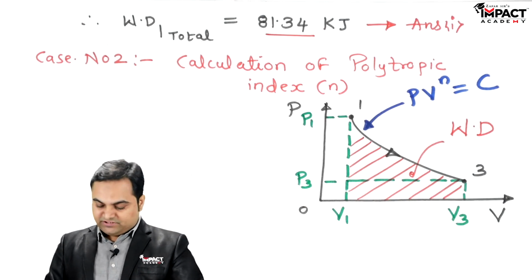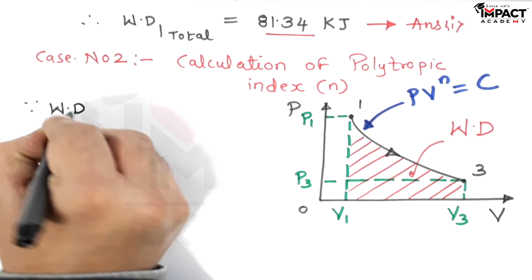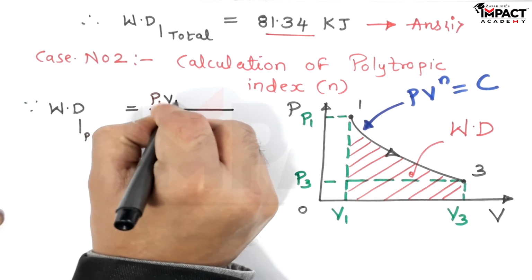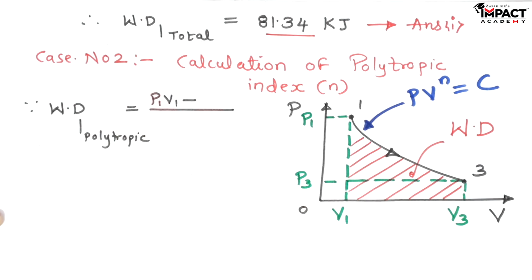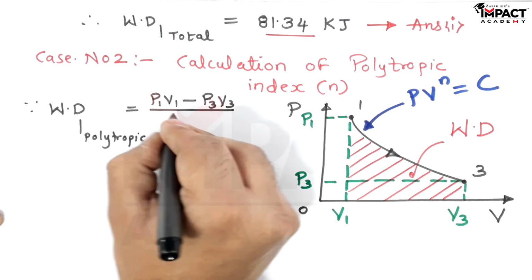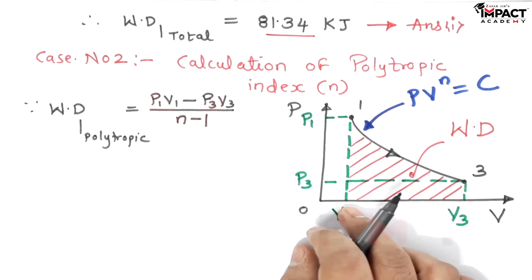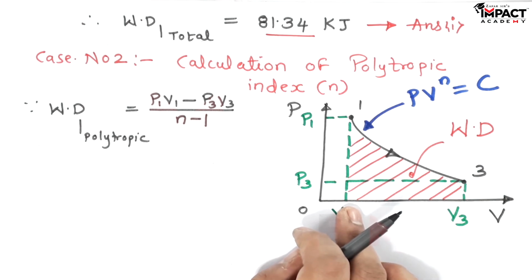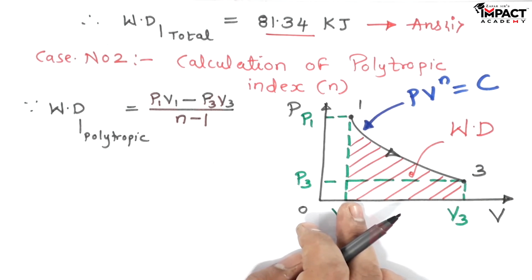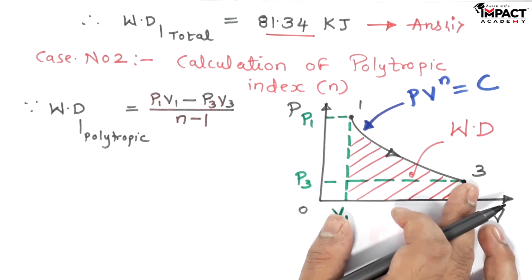Since work done for a polytropic process is given by P1 V1 minus P3 V3, instead of gamma, here we have n, the polytropic index. As we can see, in case 1 there were two processes, isentropic expansion and constant pressure heating. Those have been replaced with a single polytropic expansion process producing the same work.